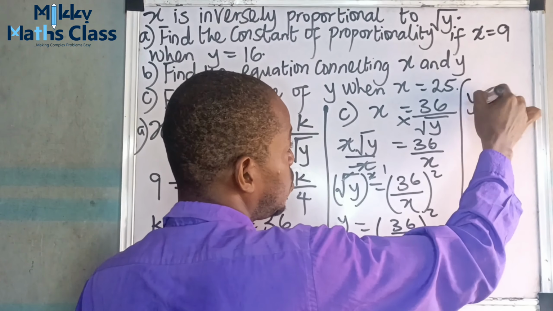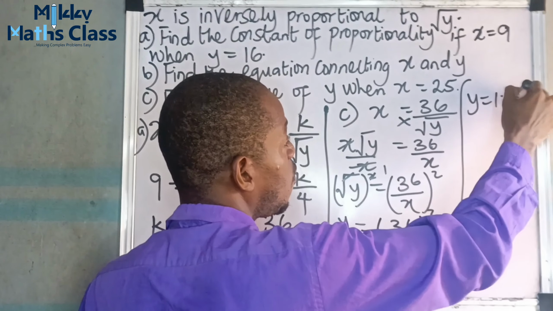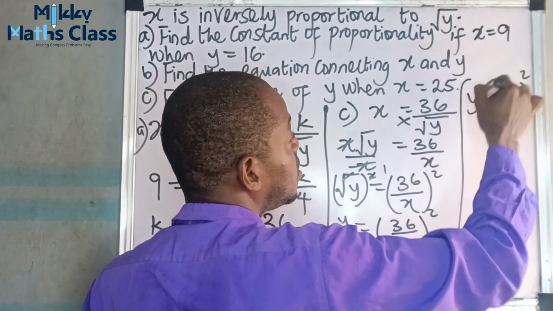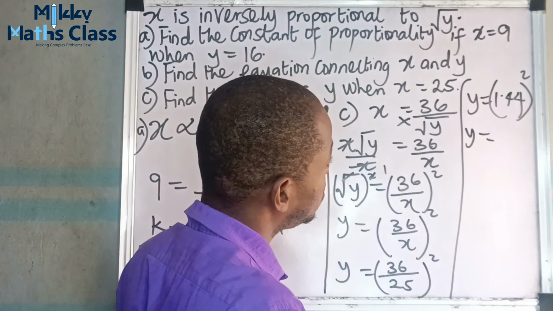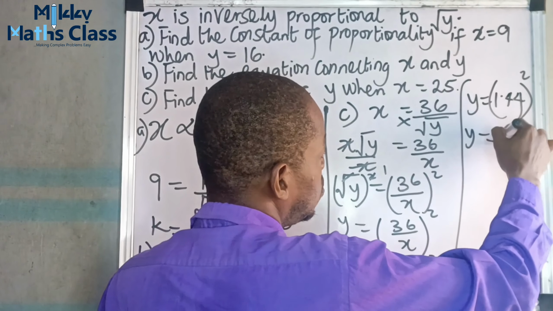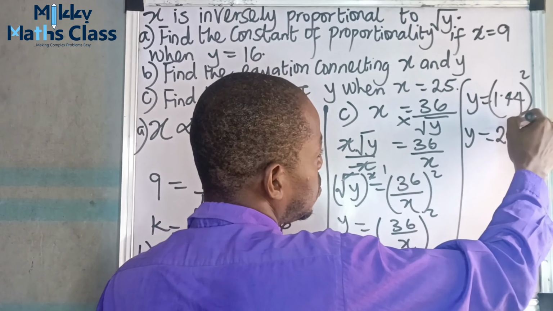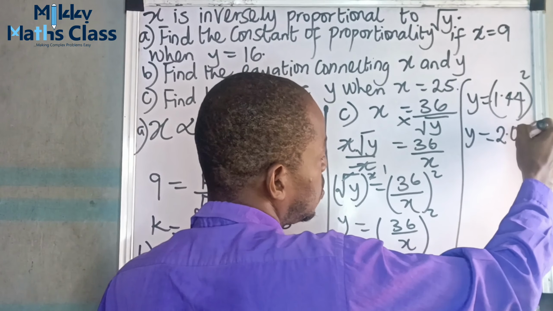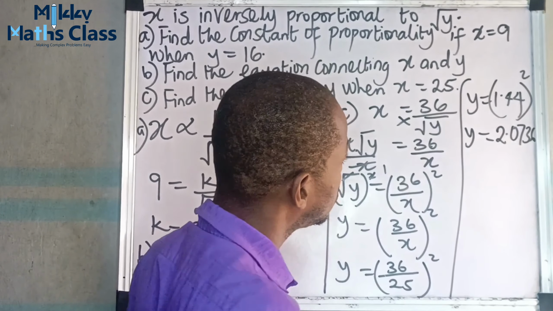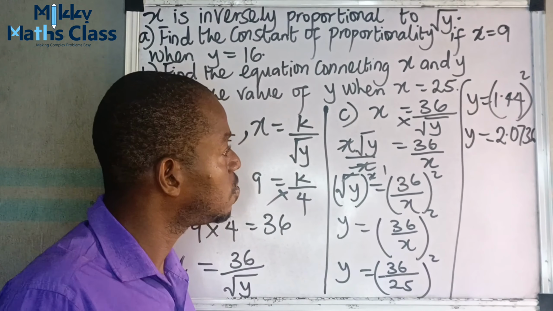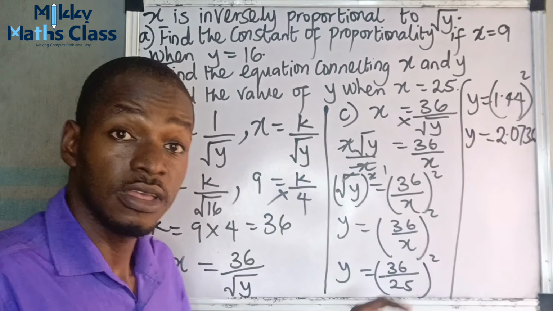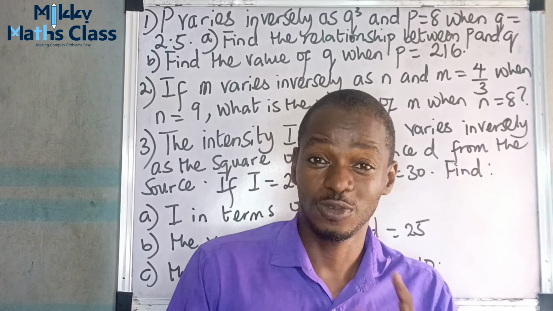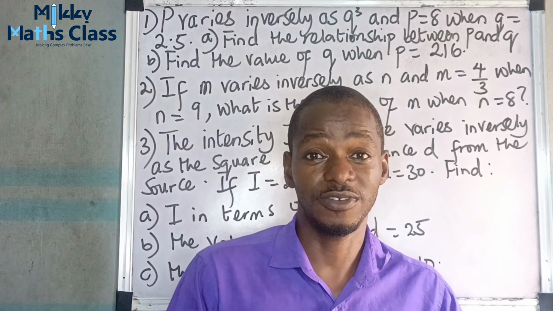So our y will be equals to 1.44 all squared. And when you square this, it will give us 2.0736. All right, I hope you have enjoyed today's class where we learned inverse variation.